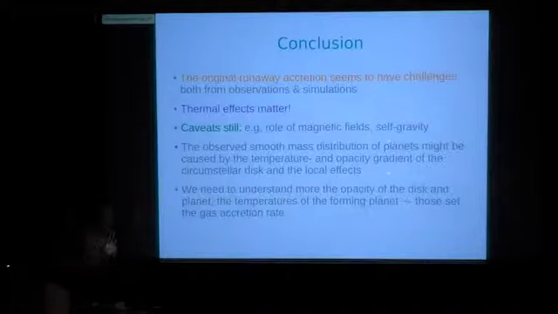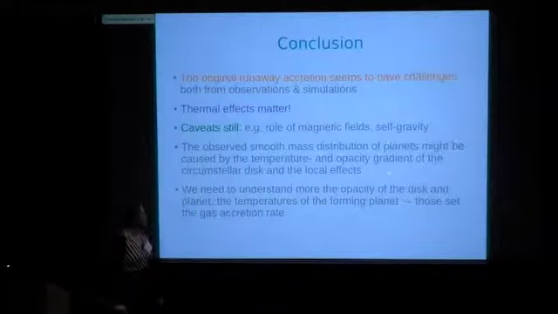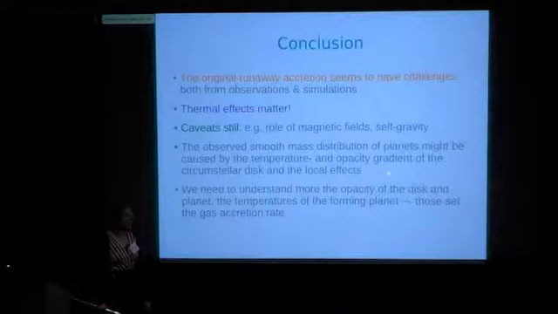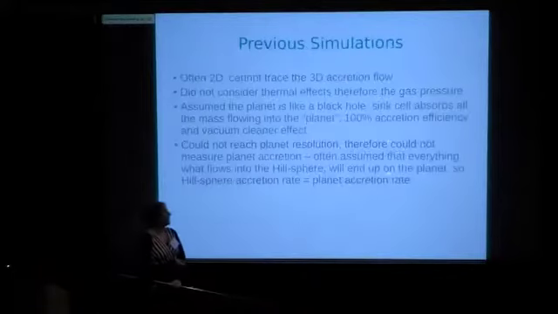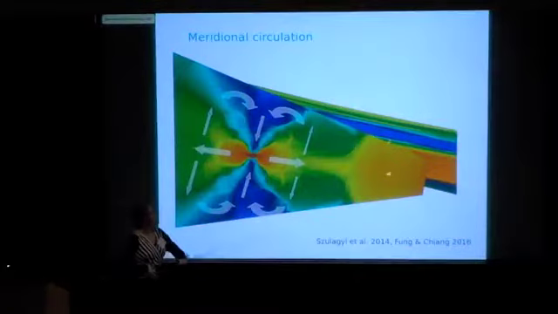So it seems the thermal state is very important. Does it mean it has a very sensitive dependence on the host star mass, the planet formation efficiency? So in my simulation, the host star mass comes in in the stellar irradiation part, if you wish. But actually, the stellar irradiation doesn't really have too much effect at the planet location because, as you saw before, the planet is really shielded by the inner circumstellar disk, so this part.